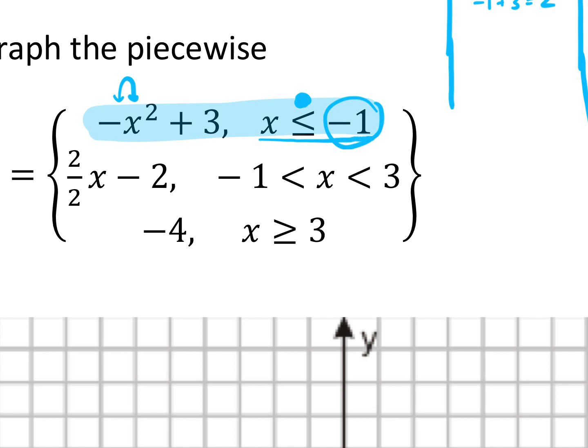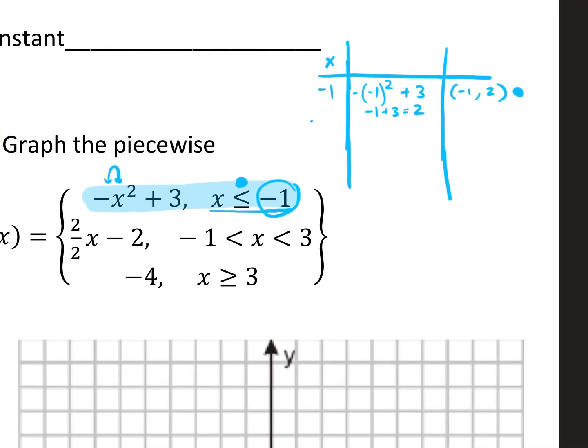So what's another number that's less than -1? -2. So I have negative -2 squared plus 3. So negative 2 squared would be positive 4, but that negative outside keeps it a negative 4 plus 3. So negative 4 plus 3 would be negative 1. So our point would be negative 2, negative 1.